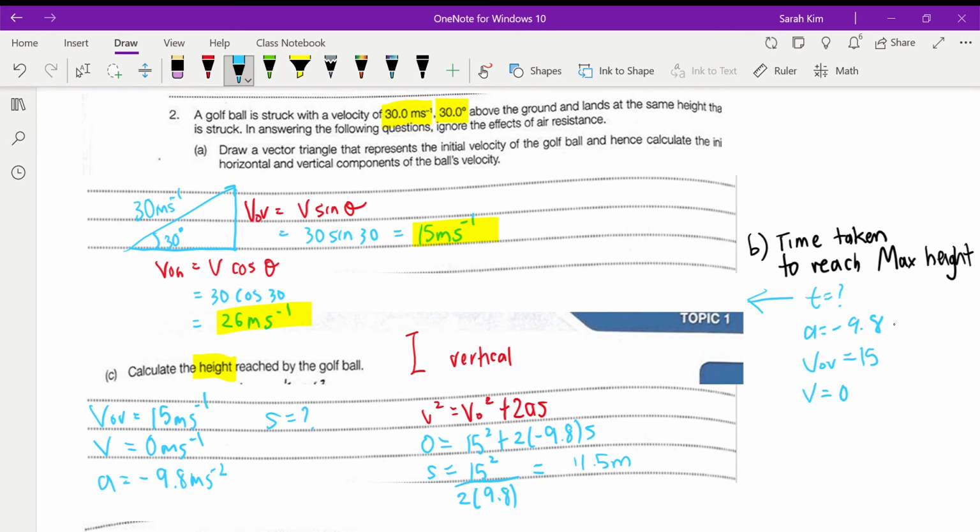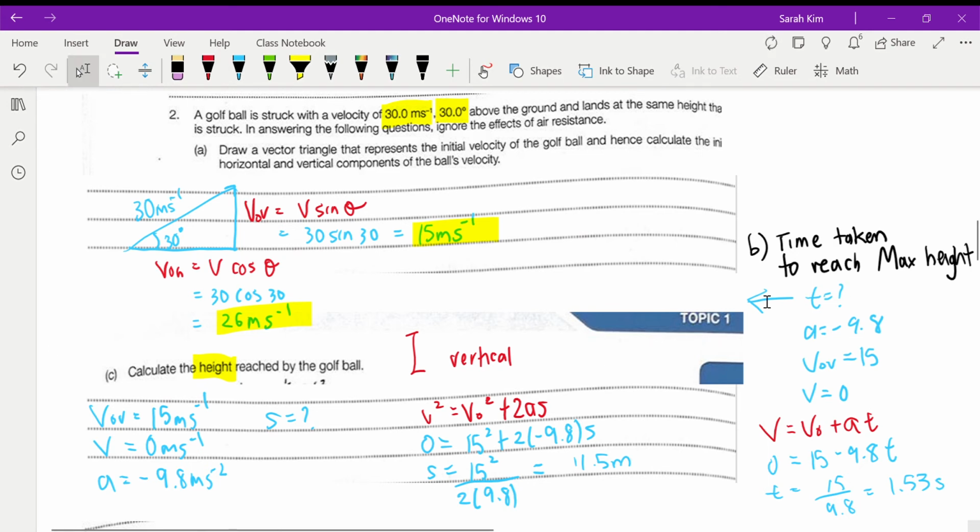The equation I'll be using, since S is missing, is V equals V naught plus AT. Sub those values in. 0 equals 15 take 9.8 T. So T must be 15 divided by 9.8, which is 1.53 seconds. Right, so that's B.